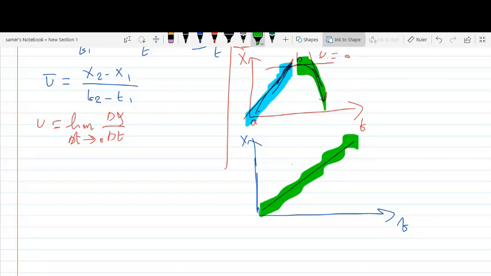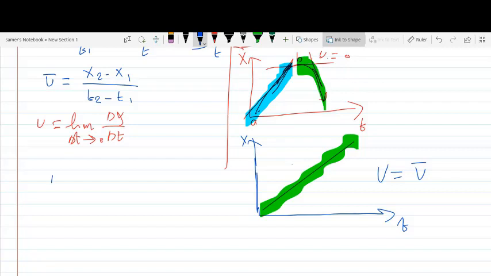So we can conclude that instantaneous velocity is equal to the average velocity if the relation between the distance and the time is linear.